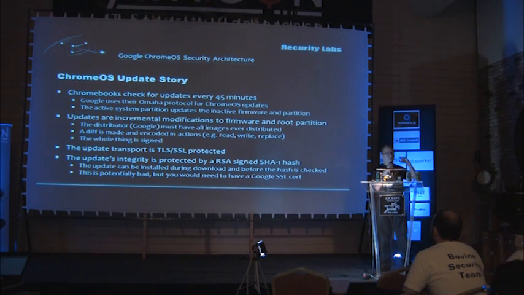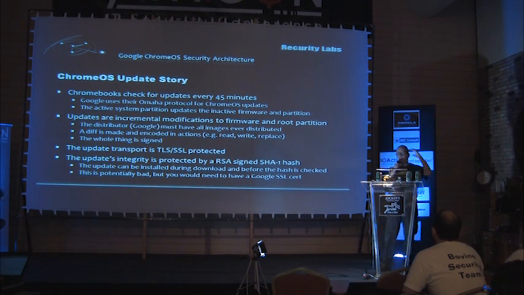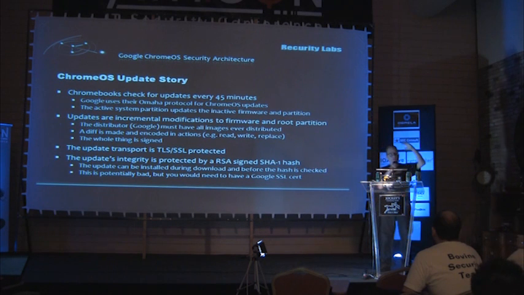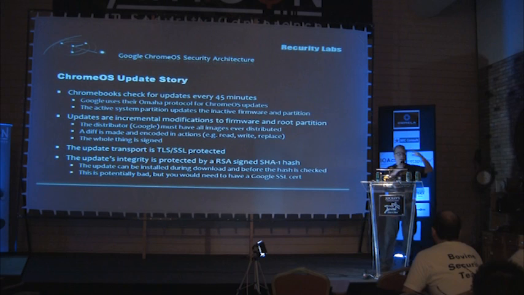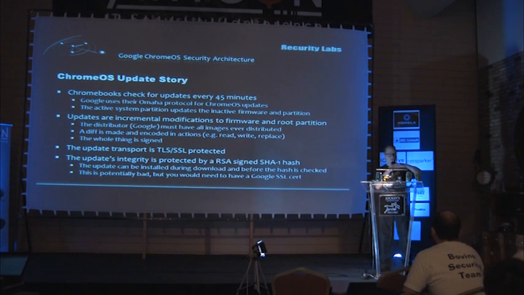So essentially, Google has to have a consecutive history of every single image they ever shipped. If they ever lose one, the update is not going to work, because they're also updating the hashes for the block tables. The update is transported over SSL and is by itself integrity protected.